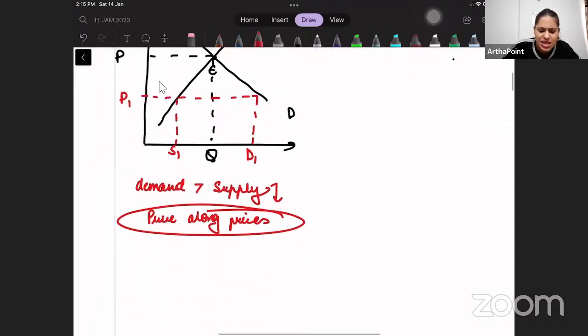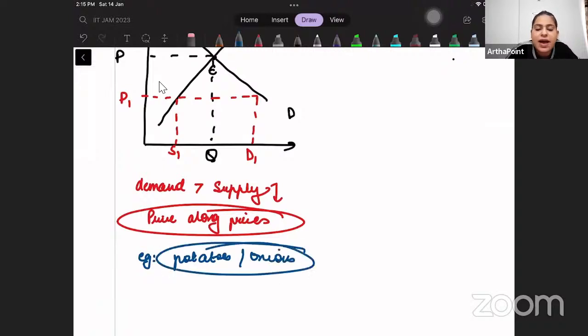Supply is less. Take an example of potatoes. Some time back, or for that matter, onions also had this problem sometimes back. When suppliers were not supplying the product, there was enough demand in the market, but nobody was willing to supply it. They had just kept these things in the warehouse. What started happening?